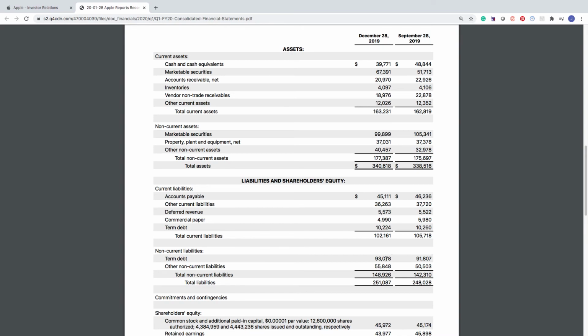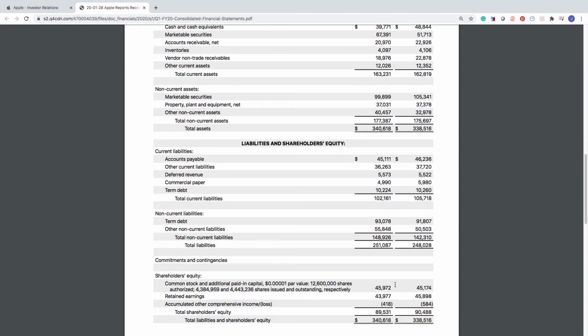But if we think about it in the context of the total asset base, it is not an amount which would be burdensome for a company such as Apple. For a normal company, having a debt of $100 billion would be enormous. But because Apple is such a cash generative company, this is an amount which is bearable for this company.